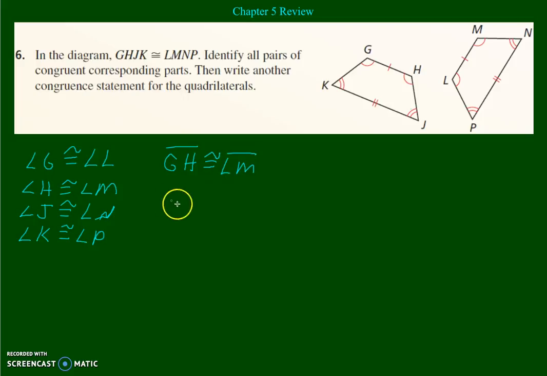And we can continue this process with the other segments, HJ to MN. So we can say that segment HJ is congruent to segment MN, and JK to NP. So JK is congruent to NP.